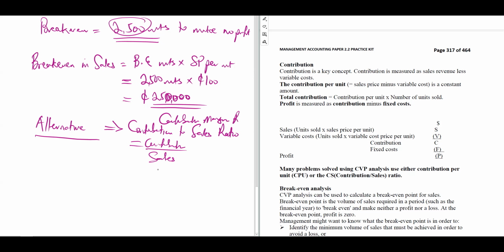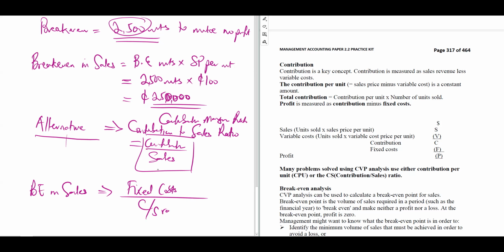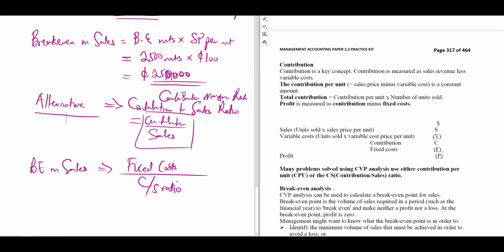If you go to the exam, whichever one is the same as your CS ratio. Now, we can also use the CS ratio to get our break even in sales, or in value. And what we do is that we take the fixed cost. You see the break even was just fixed cost over contribution. Here we take the fixed cost over our CS ratio. Okay. And we'll still get this same 250,000.